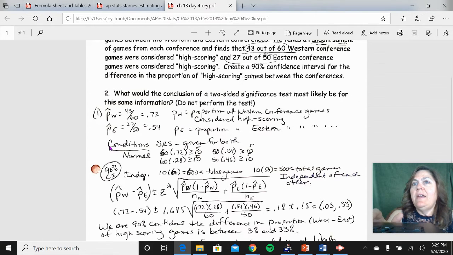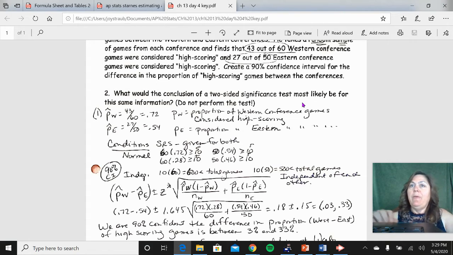Okay. Then conditions for plan. Oh, by the way, up here, Mrs. Straub would lose a point here. I don't have a two-sample z-interval for proportions. Conditions: SRS is given for both. Remember, they have to cover both.